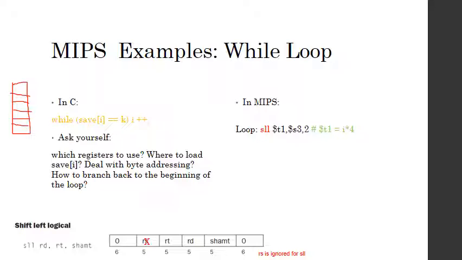So shifting in order to get the 4 that I need. Fair enough. So there's my I. I'm shifting it. I'm putting it in T1. And my base is at T6. So if at the very beginning I is 0, so my base is 0. So I'm adding 0 to 0, and I'm using that as the new base now.